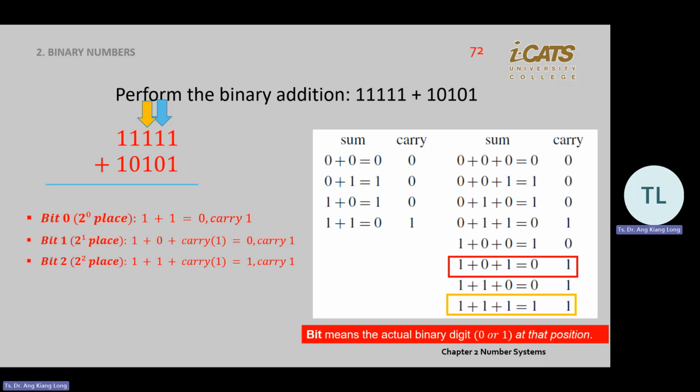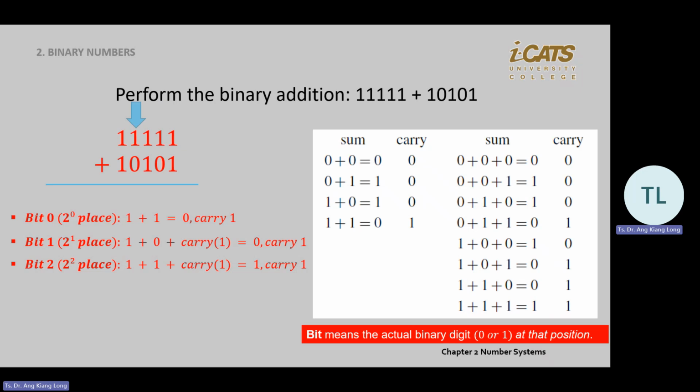Then what about the next one? If you have carry 1, you continue to use columns 3 and 4. So column 4, 1 plus 1, carry 1, equals 0, carry 1.